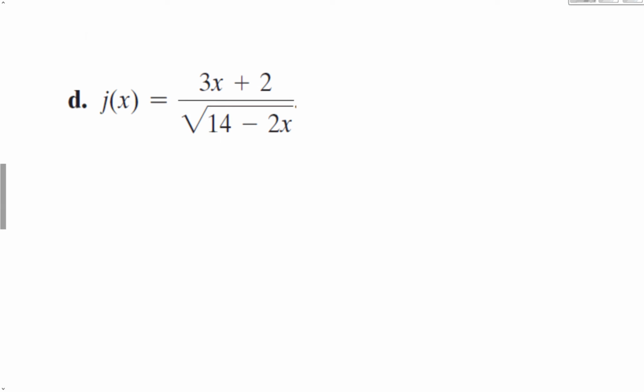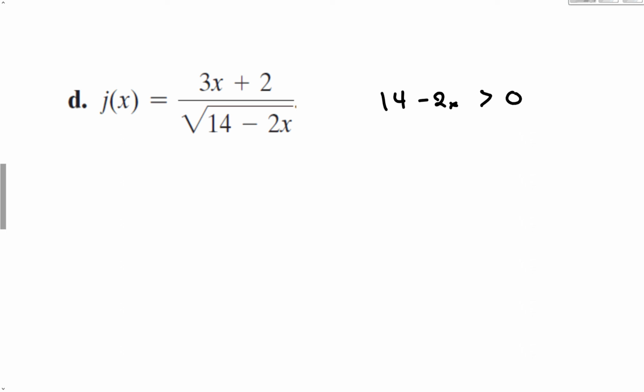And last one. Now the radical is in the denominator. So now I want to know everywhere that makes the square root greater than or equal to 0. But I don't want it to be equal to 0 because it's in the denominator. So I just want to know where 14 minus 2x is greater than 0.